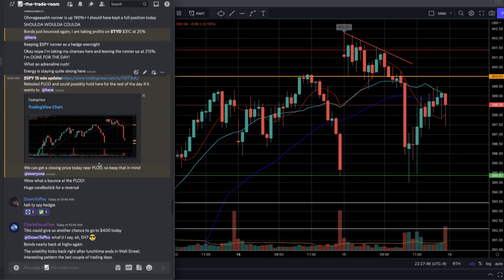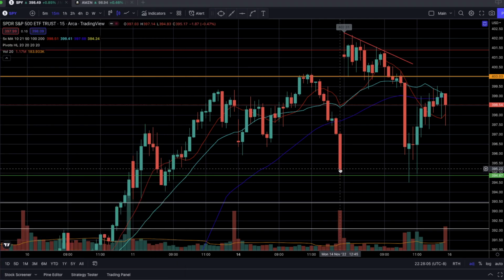I gave another update here, and I said we retested the previous low of the day. At that point, my returns were nearing 200% as we were about to retest the previous low of the day of 394.83. This is very, very surprising for me.